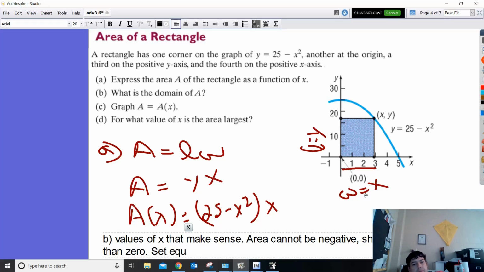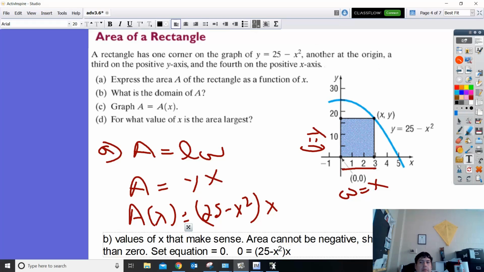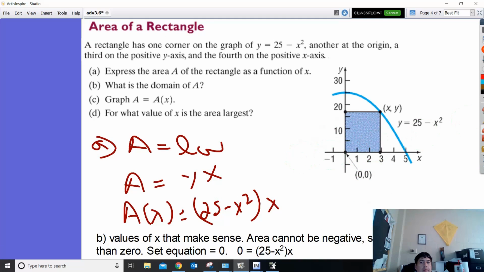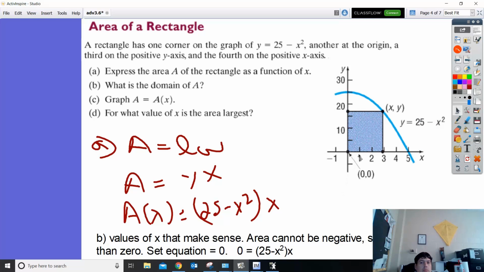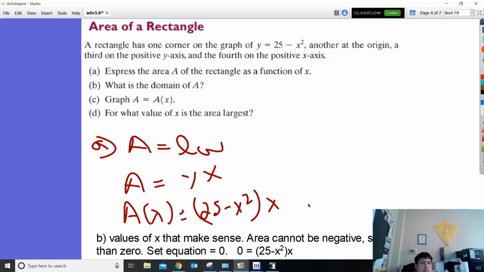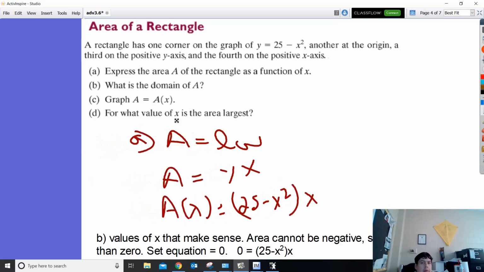So set equation equal to 0. So I'm going to say 0 equals 25 minus an x to the second times an x. Anybody know the two x values for that?